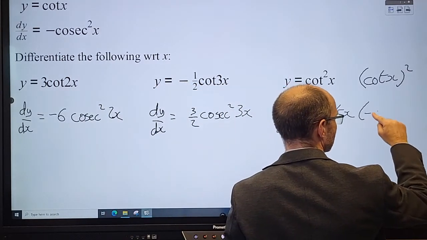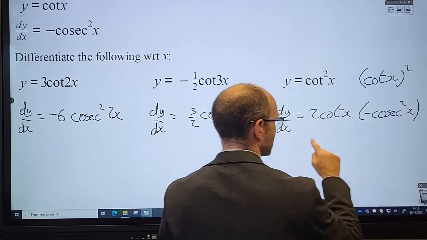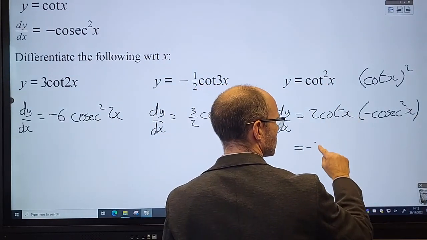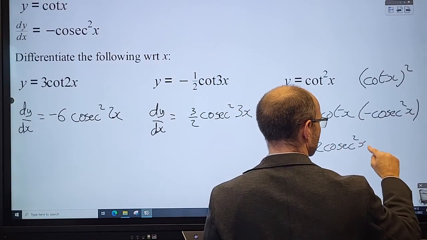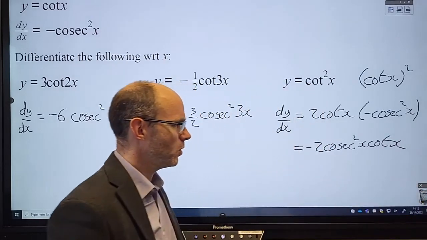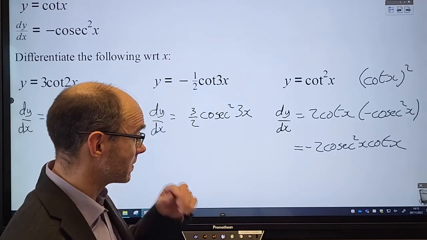Let's just write that in here, negative cosec squared x, and then just write it in a slightly better way. So negative 2 cosec squared x cot x, or negative 2 cot x cosec squared x.